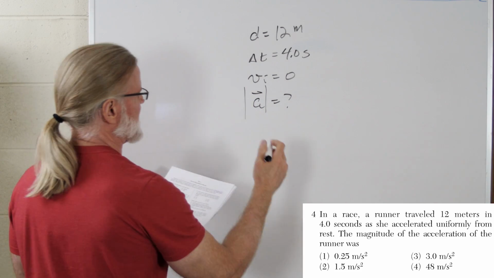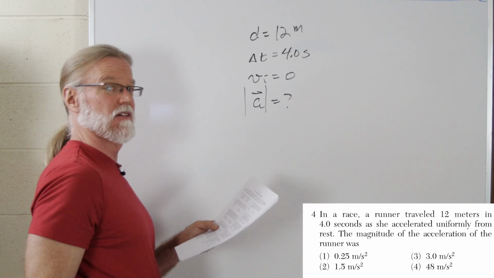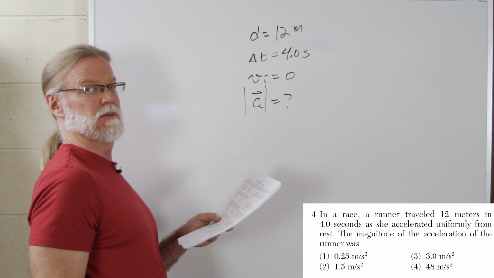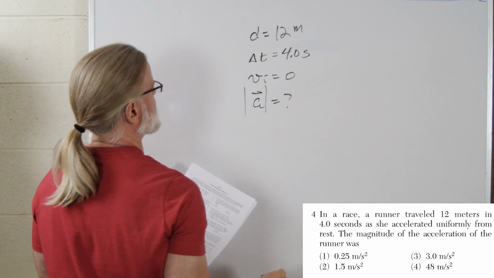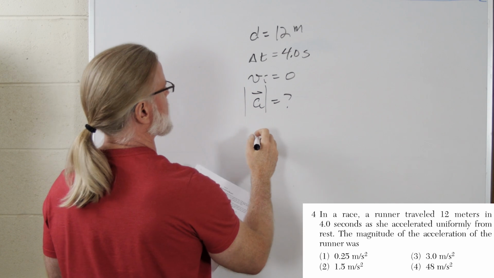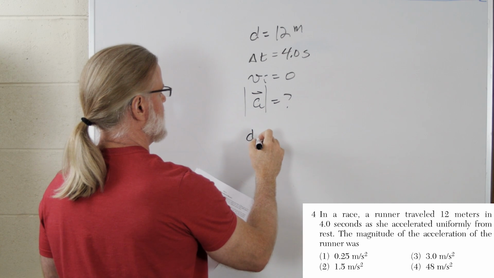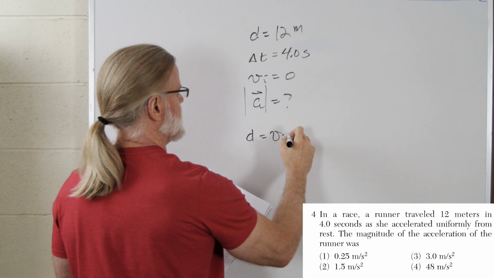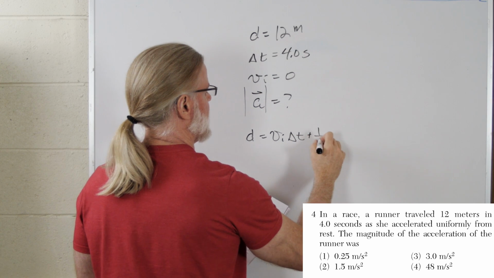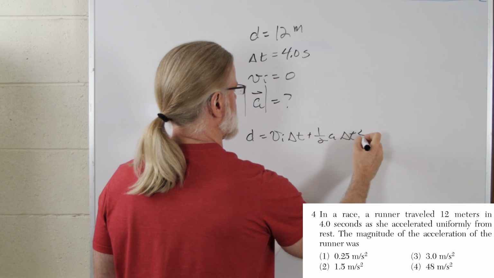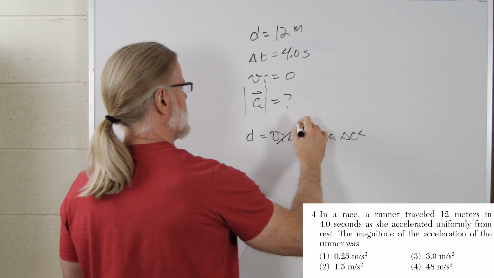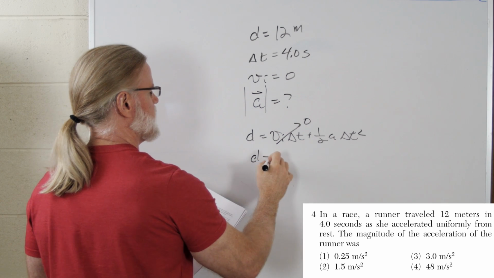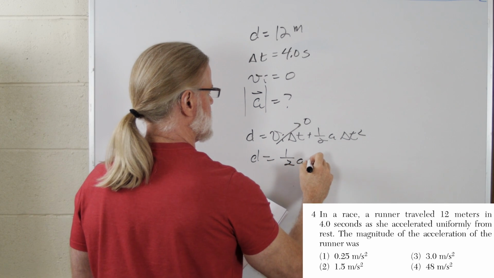Oh, this is Plug and Chug City. Some of you are so comfortable at this point, you may be sleeping. Let's see. We're going to use El Grande, I think. D equals V initial t plus 1/2 a t squared. V initial is 0. How convenient. D equals 1/2 a t squared.